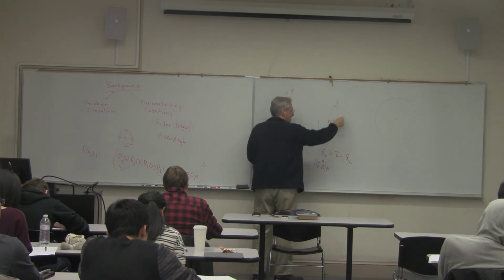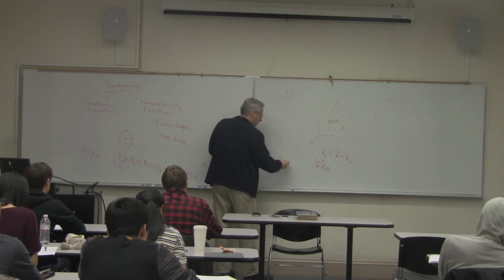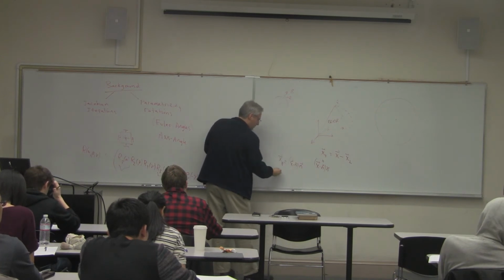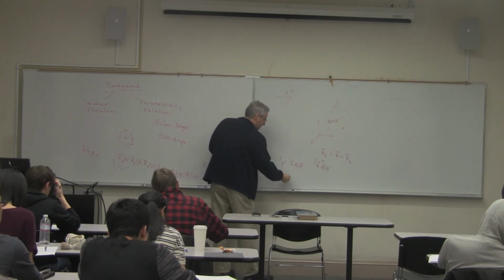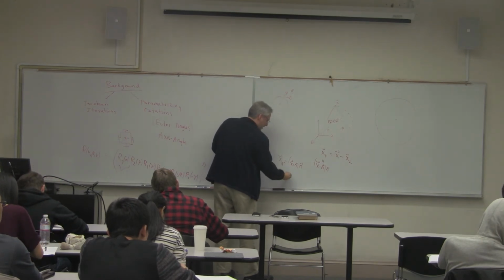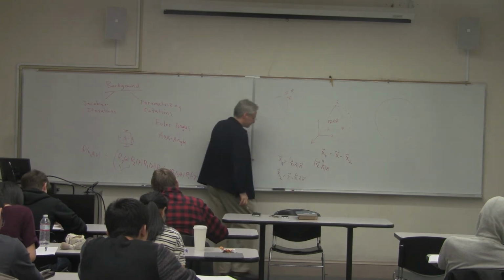It's x minus that. So x parallel is x dot n times n. X perpendicular is x minus that. So it's x minus x dot n times n.